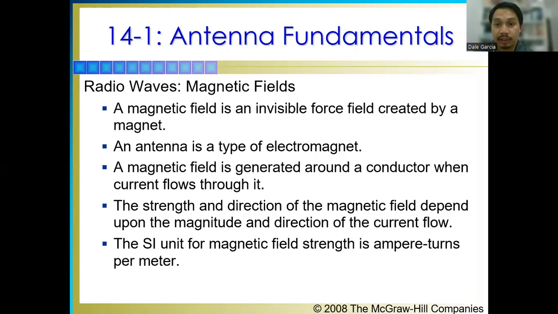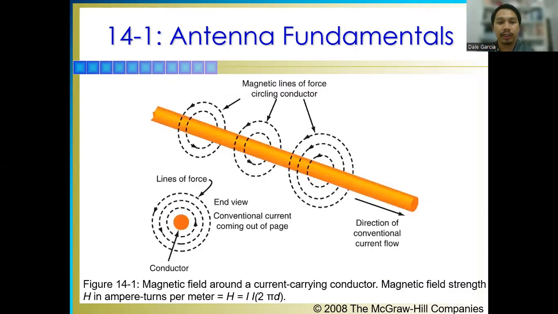A magnetic field is generated around a conductor when current flows through it. This is the piece of wire. The direction of the current, in the slide, is from top left to bottom right, the direction of the conventional current flow.